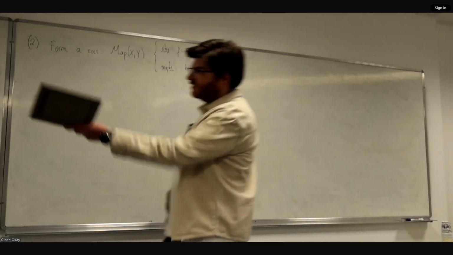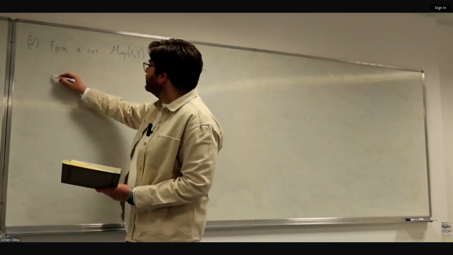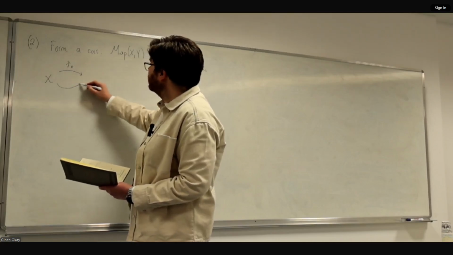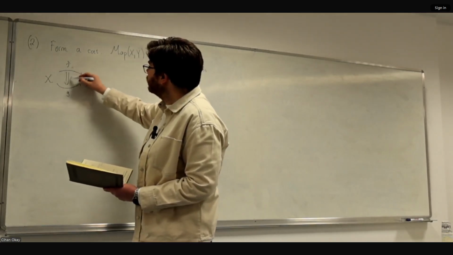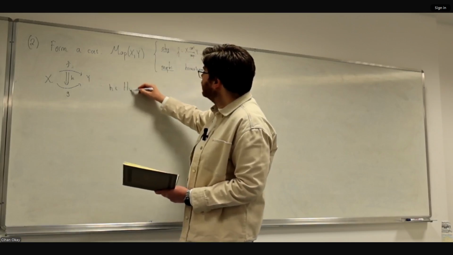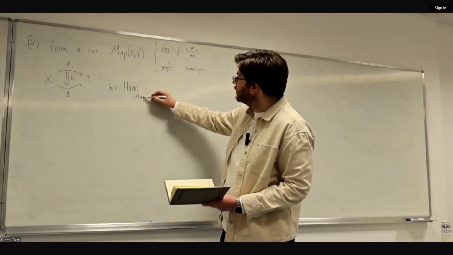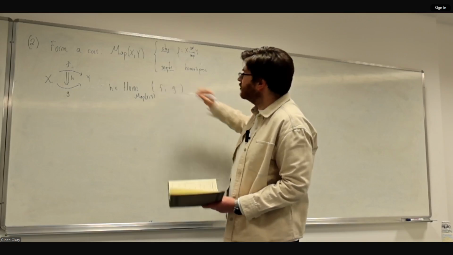Okay, so like this. Therefore, if you have two objects like this, this is one object, and this is another object, and this is your homotopy. And this homotopy is actually a map in the mapping space of that category from that object to this object.